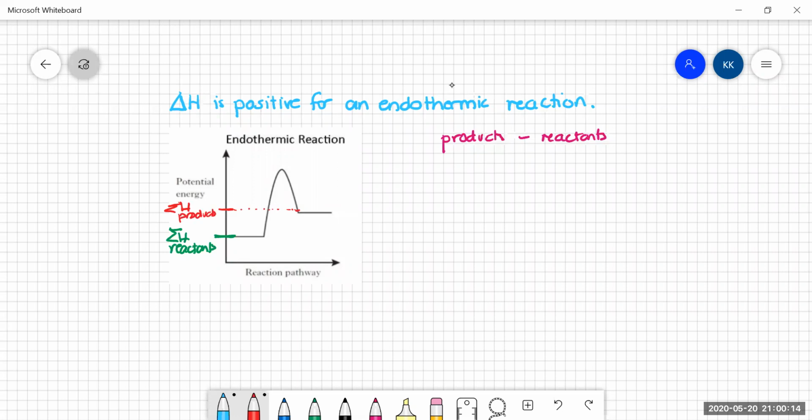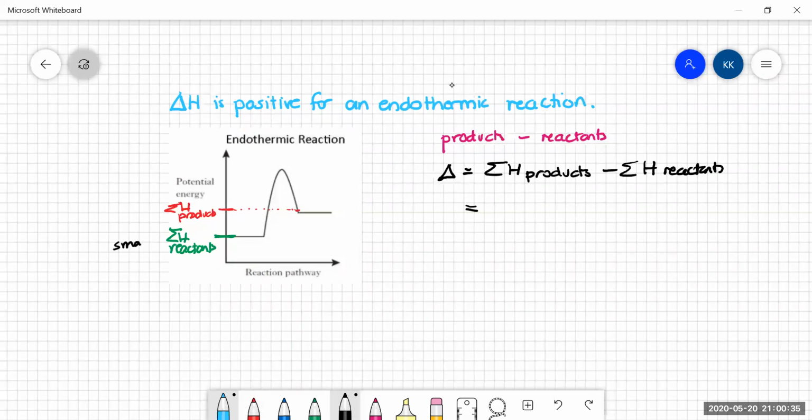So now, when we do our delta H calculation, which is the sum of the enthalpy of the products minus the sum of the enthalpy of the reactants, we're going to see that now the reactants is the small number, and the products is the big number.